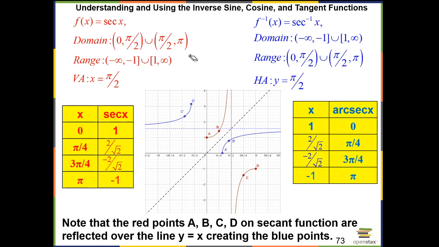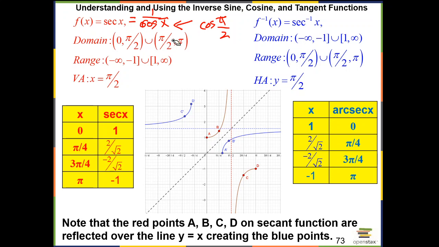Okay, what about secant and cosecant? Well, secant, again, is not one-to-one. So remember, secant is related to what? Cosine. So the restriction is from 0 to pi. But since secant is 1 over cosine, cosine cannot be 0, and cosine of pi over 2 is 0. So we have to exclude pi over 2.